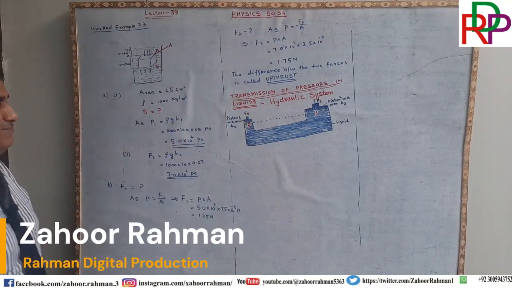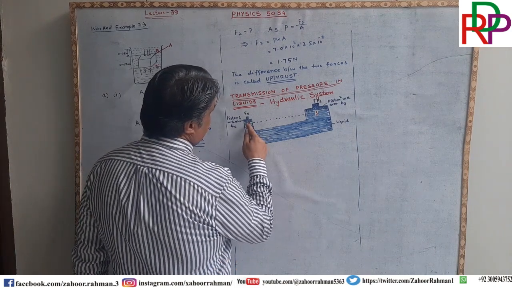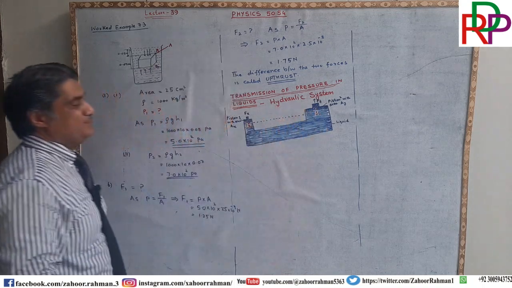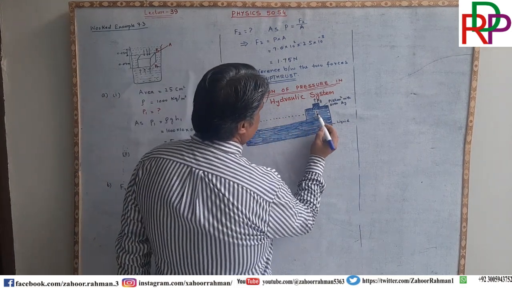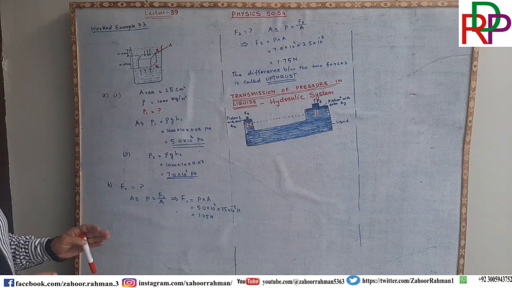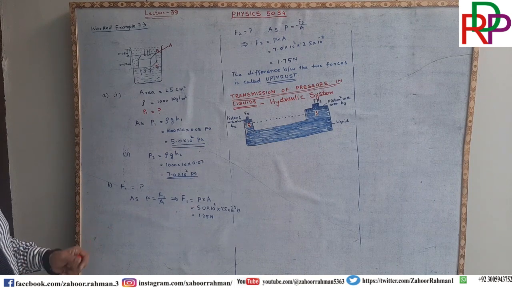Why X and Y? Because we are finding the forces at two points at the same level. This is the point X and this is the point Y. Because water maintains its level, so pressure will be the same at the same level.